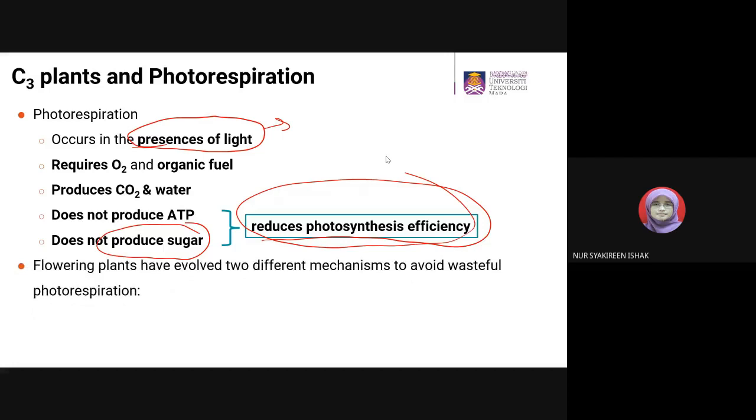So flowering plants have evolved 2 different mechanisms to avoid photorespiration. One mechanism is the C4 pathway, the other is the CAM pathway, crassulacean acid metabolism. Sebenarnya dua-dua ni adalah adaptation by plants that live in hot areas or when they are exposed to hot conditions.